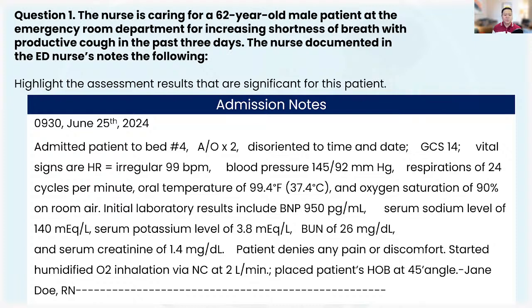Initial lab results include BNP of 950 picograms per ml, serum sodium level of 140 milliequivalents per liter, serum potassium level of 3.8 milliequivalents per liter, BUN of 26 milligrams per deciliter, and serum creatinine of 1.4 milligrams per dL. Patient denies any pain or discomfort. Started O2 inhalation via humidified nasal cannula at 2 liters per minute. Placed patient's head of bed at 45 degrees angle and documented by nurse Jane Doe.